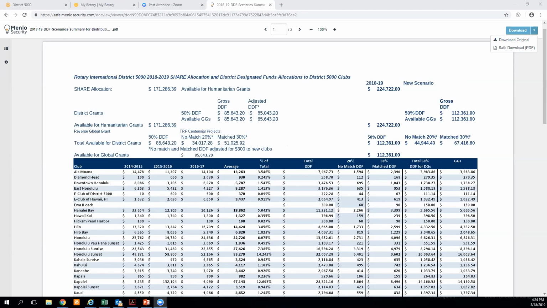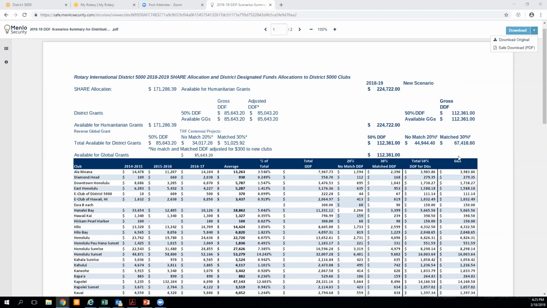Let's take Diamond Head. I love them as an example. In 14-15, they contributed $100, and in 15-16 they boosted it up to $660, and in 16-17 to $2,030. So their average giving for 3 years is $930. And that's calculated then as a percentage of the total contributions for that year overall.